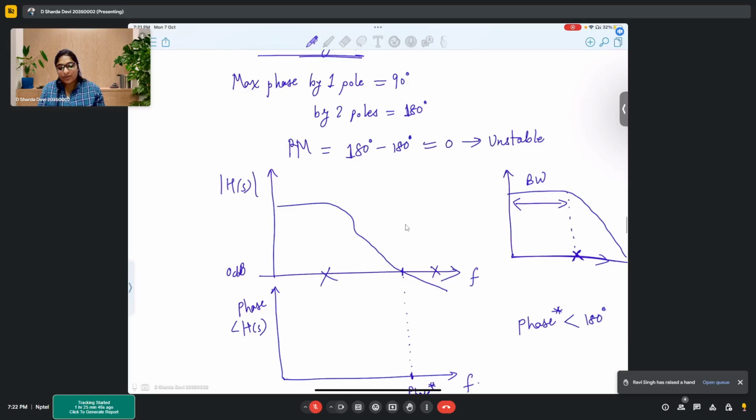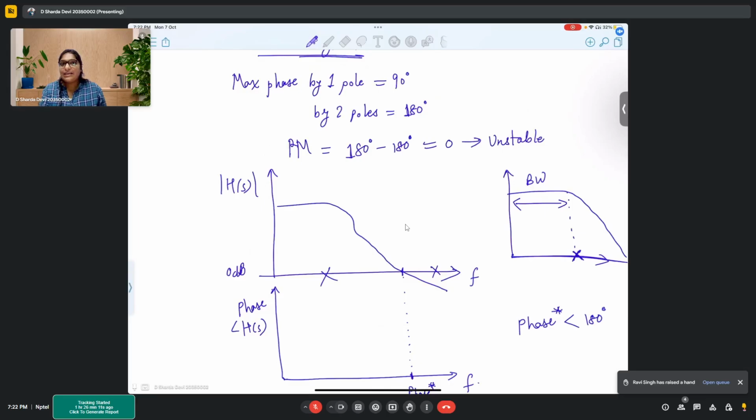Here you are calculating phase margin at the 0 dB point, right? So the possibility is that the frequency at 0 dB was, let's say, 1 megahertz. Beyond 1 megahertz, definitely your system is unstable. But before that, there are chances that it is stable, because it ultimately depends on the values that you calculate.